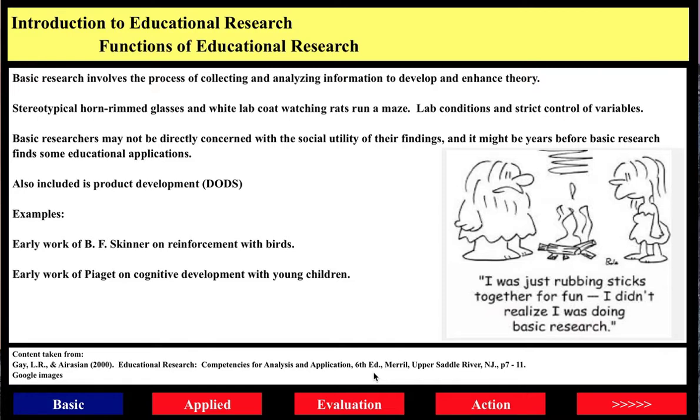Very strict lab conditions and very strict control of variables. And basic research is not really concerned with the social utility of what they find. And it might be years before anything that is discovered in basic research actually trickles down and has some applications in education.